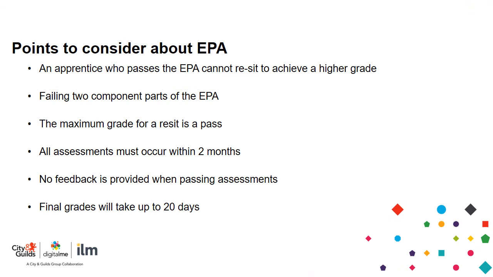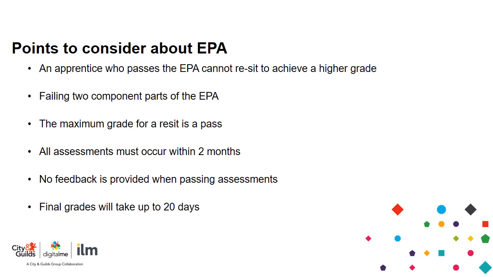There are a number of points to consider about EPA across all of the hospitality standards. An apprentice who passes the Evolve test cannot resit to gain a better grade, and this is the same for all of the assessments within the hospitality standards. Should the apprentice fail two or more of the component parts of endpoint assessment, for example the test and the practical observation, they should then undertake a period of learning with the training provider before any further resits occur.